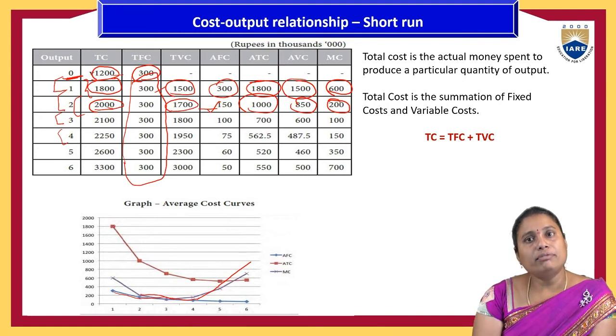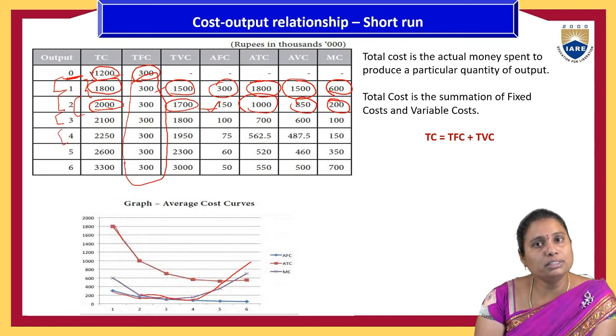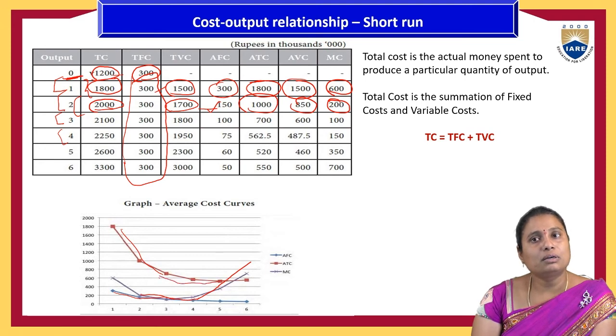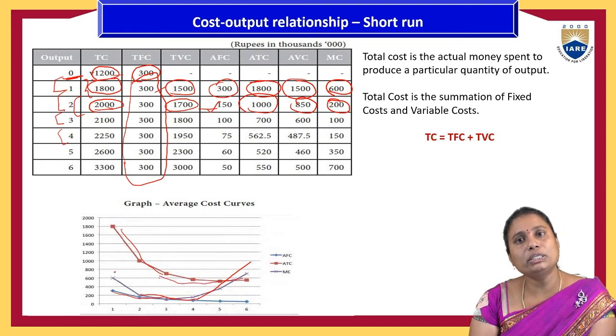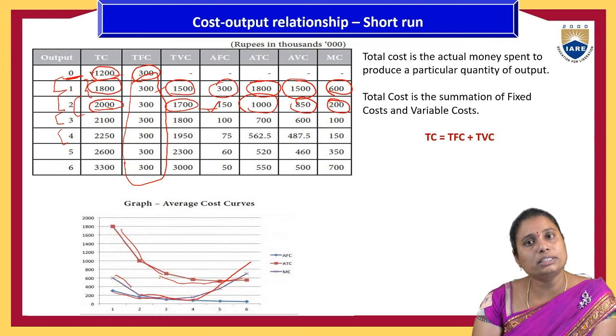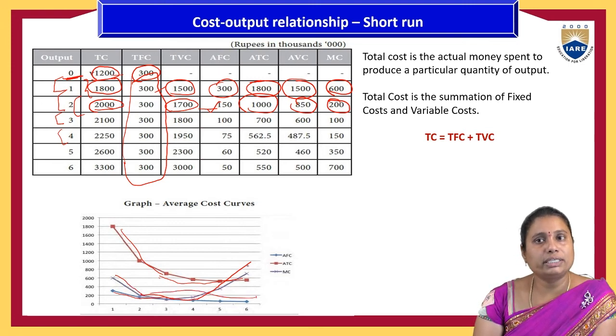But the average total cost first reduces, which is a good sign for the organization, but later it becomes constant. And the marginal cost also first reduces, and at the next level it becomes constant and may reduce also. So that is the cost output relationship in the short run.